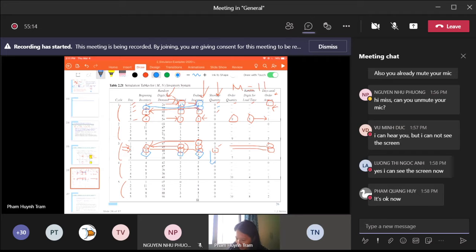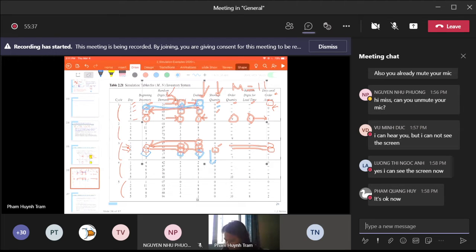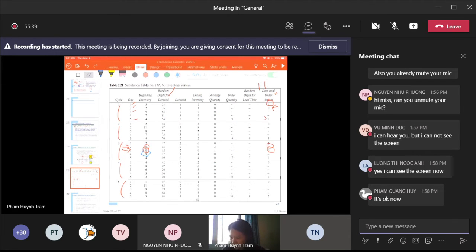We do it like that until we finish the 5th cycle, and then we evaluate our policy. We look at our ending inventory column. You can take the sum of the ending inventory after 5 cycles and take the average.